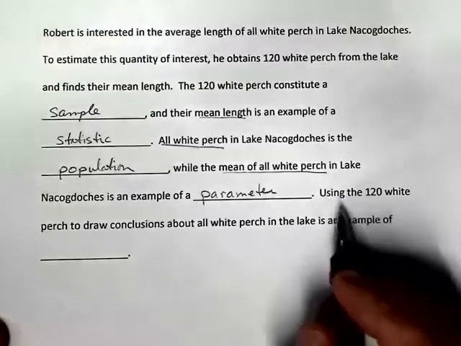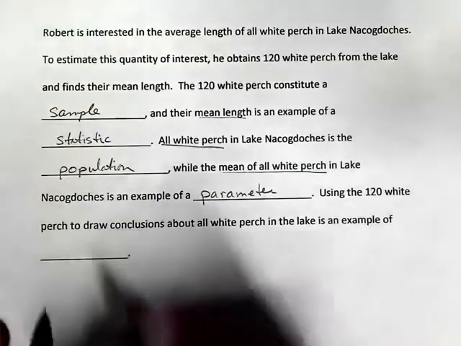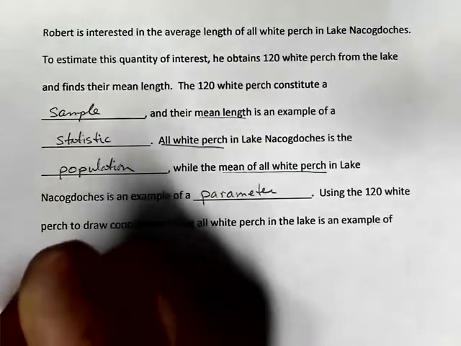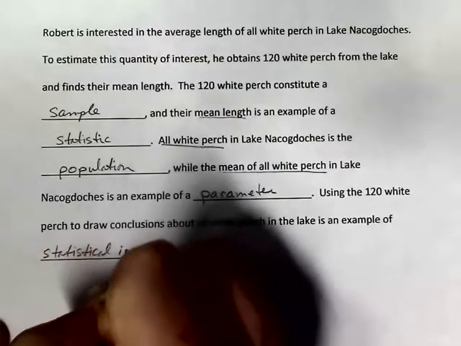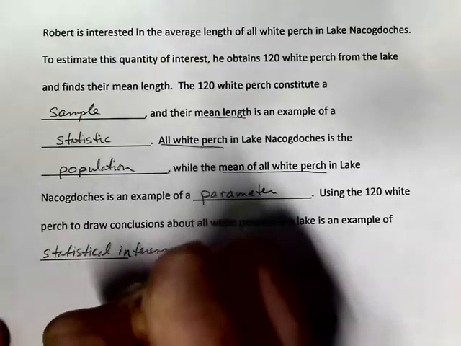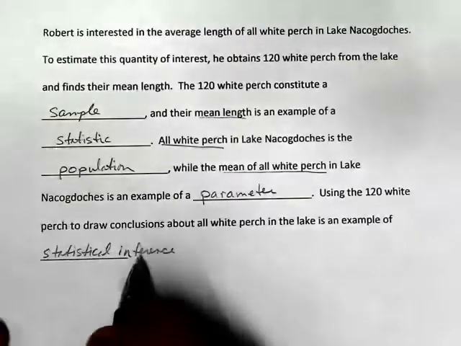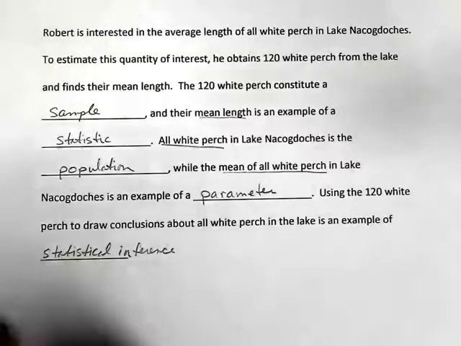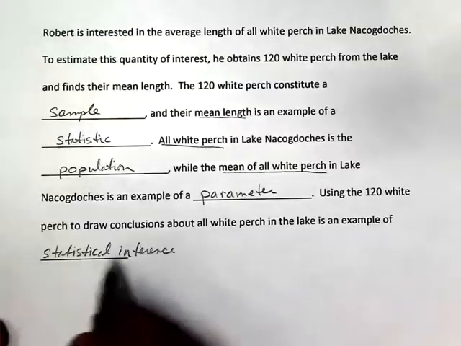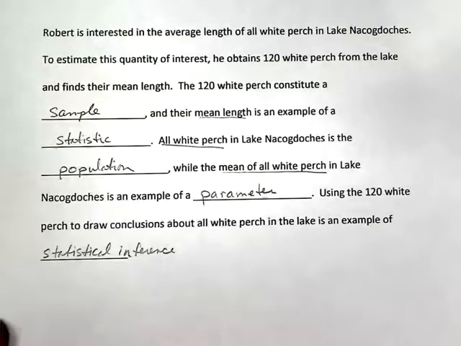Okay, lastly here, using the 120 white perch to draw conclusions about all white perch in the lake is an example of statistical inference. The idea of inference is to draw conclusions based on partial information. Now you could have in this blank statistical inference or inferential statistics.